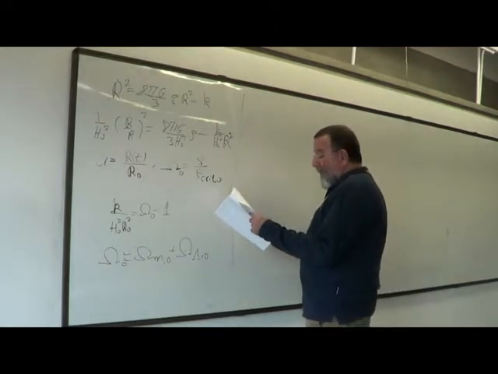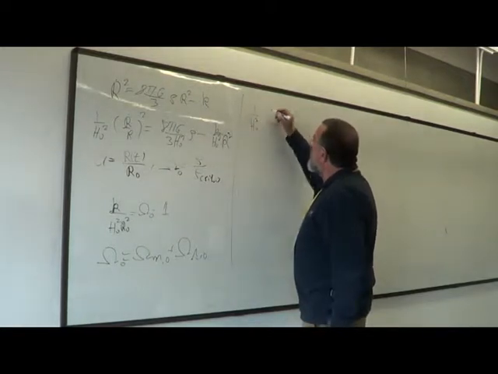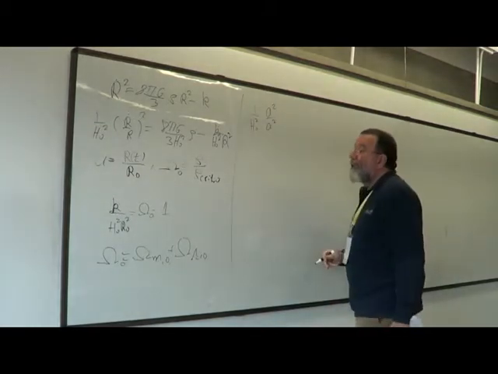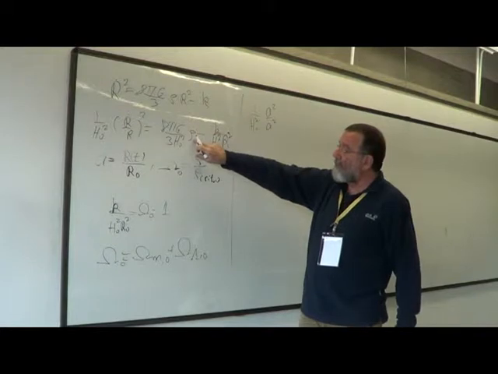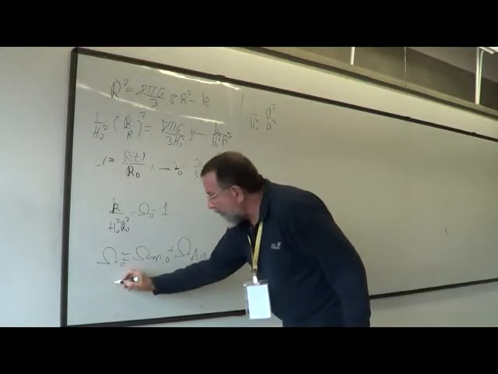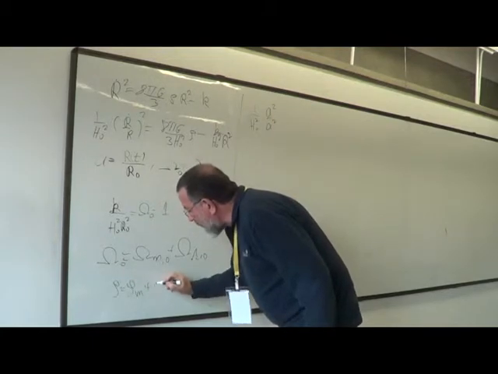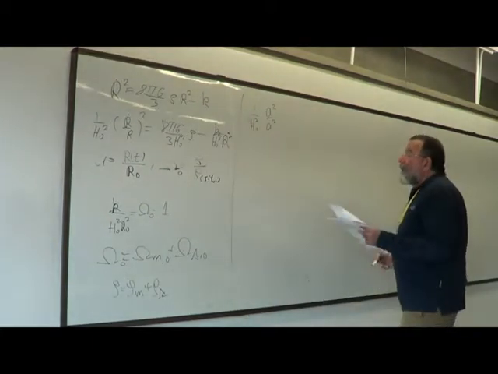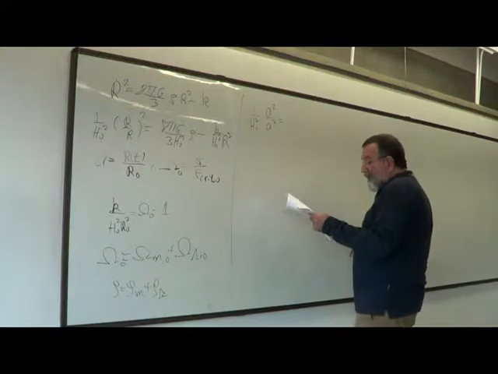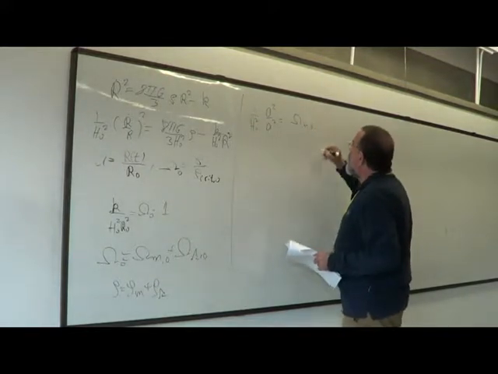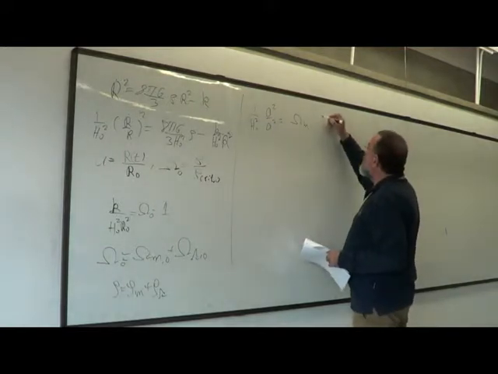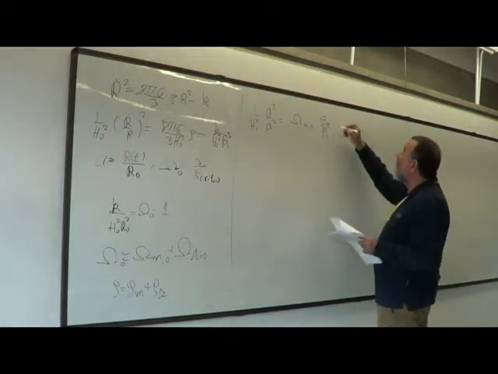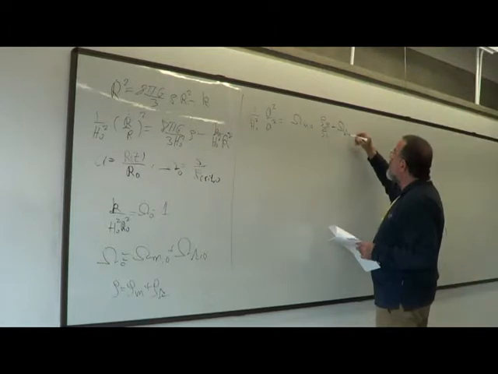So what do we have here at the end? We have 1 over H naught squared, ȧ squared divided by a squared, equals ρ. So it's ρ matter plus ρ lambda. So what we have here is Ω matter naught times ρ matter divided by ρ naught, plus Ω lambda naught.